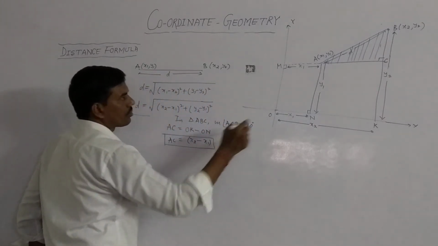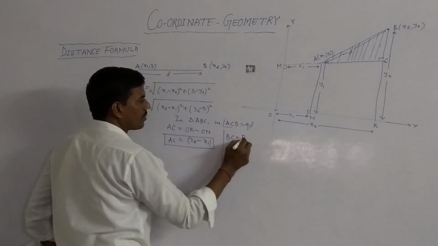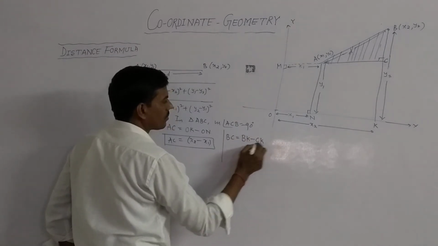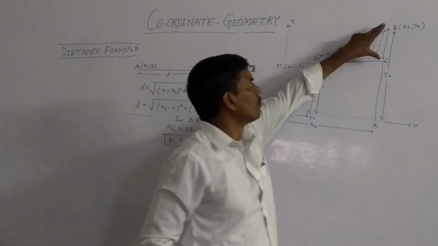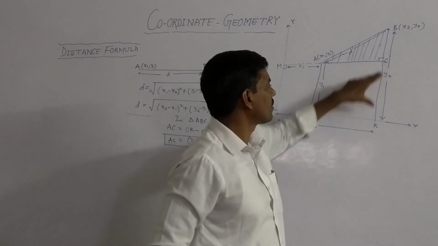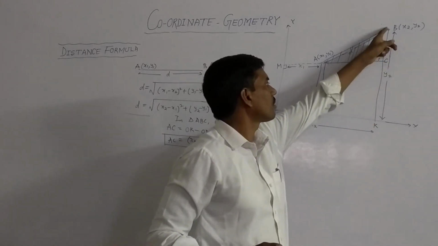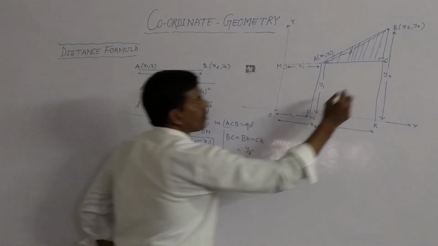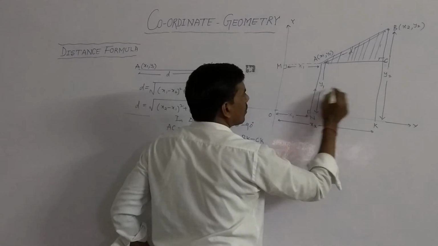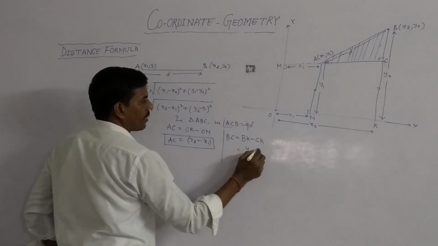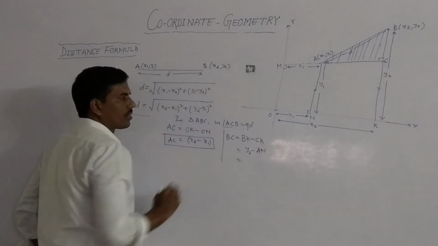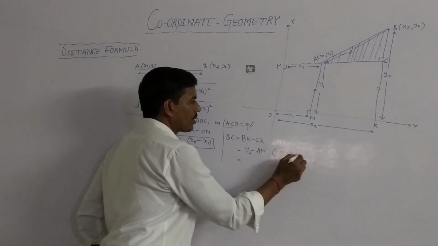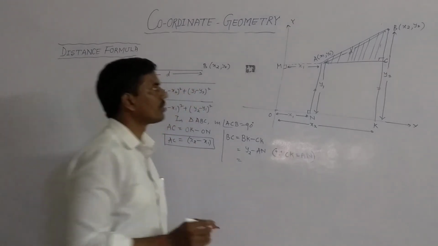So BC is equal to BK minus CK, and the measurement of BK is Y2, and CK is equal to AN.